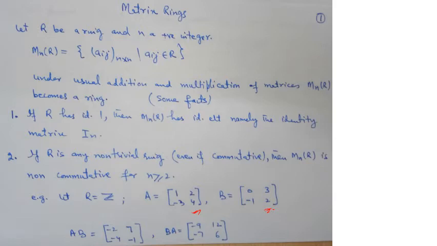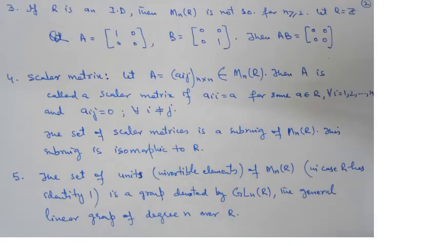There are other examples also. Yesterday we discussed polynomial rings. Those are also non-commutative, and this is one more example of a non-commutative ring. Fact number 3: if R is an integral domain, then the matrix ring is not, for n greater than or equal to 2, because the matrix ring has zero divisors.